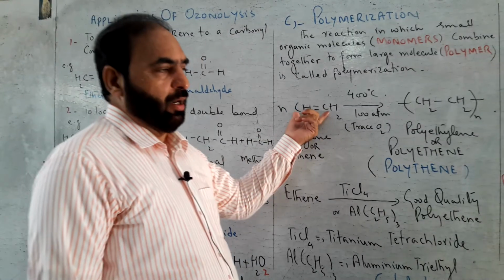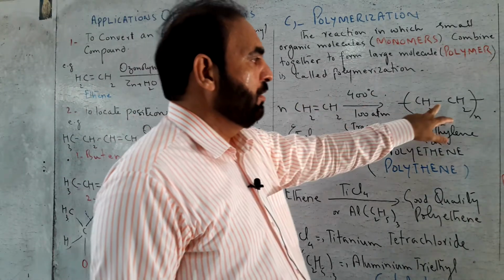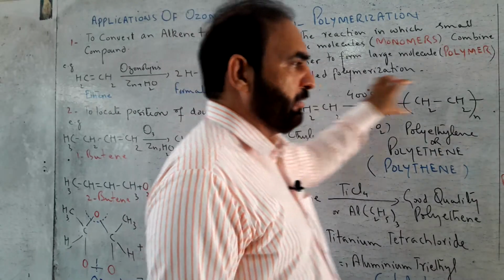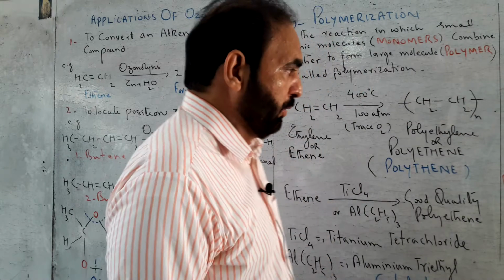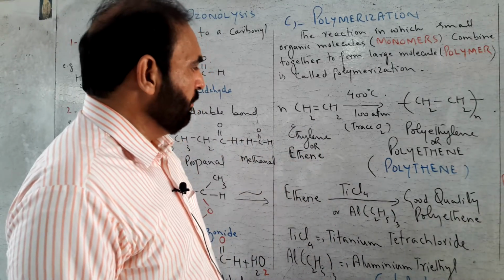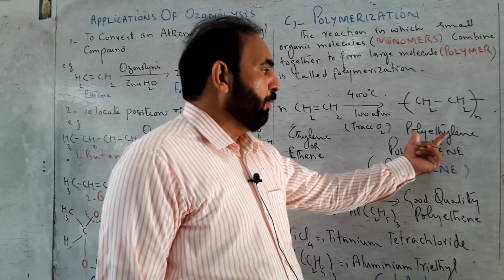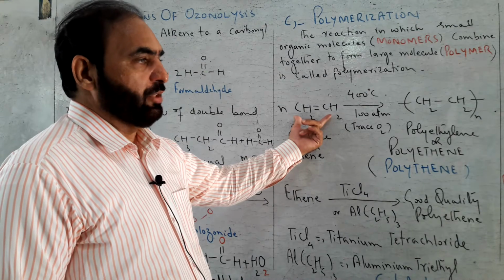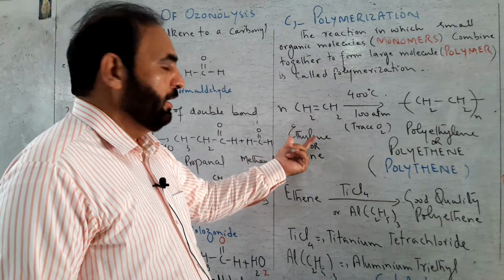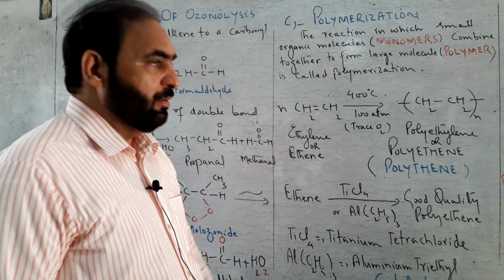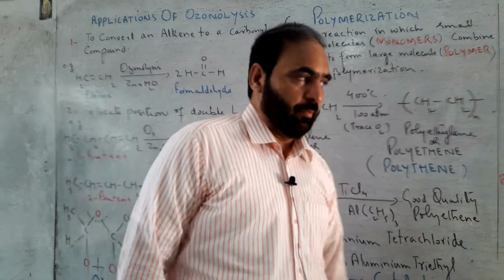All the C=C double bonds are changed to C-C single bond and a long chain of CH2 group is produced, given the name polyethylene, if we give name to CH2=CH2 as ethylene commonly. From ethylene, the product is polyethylene.